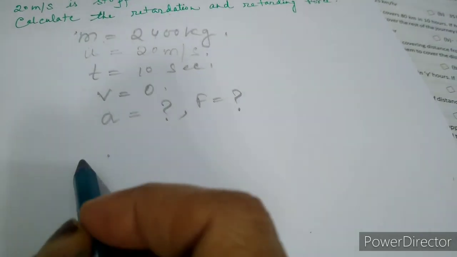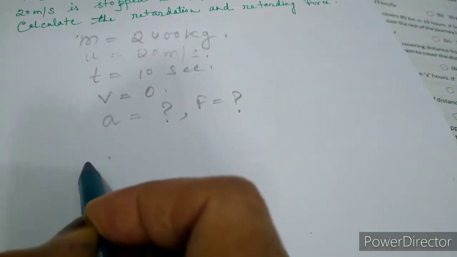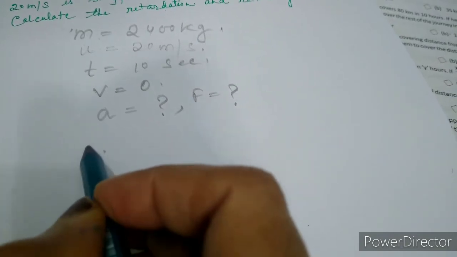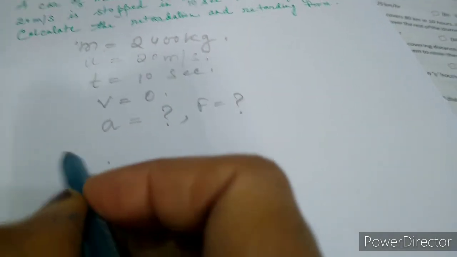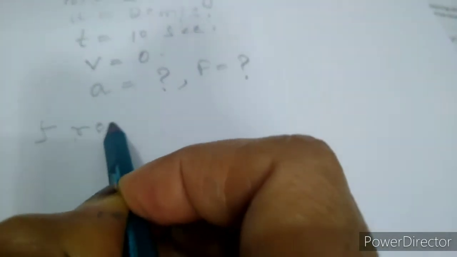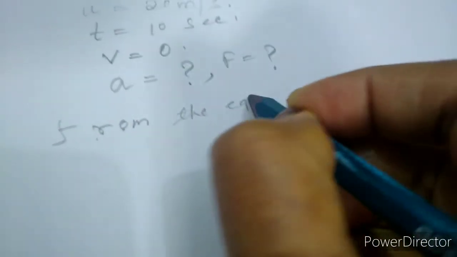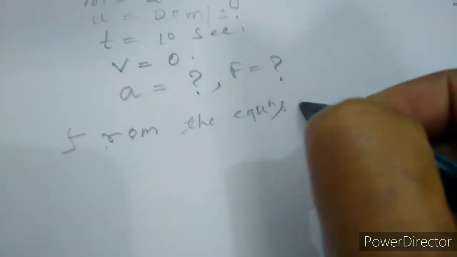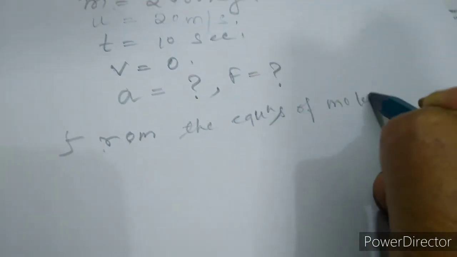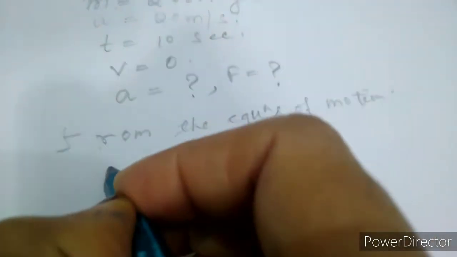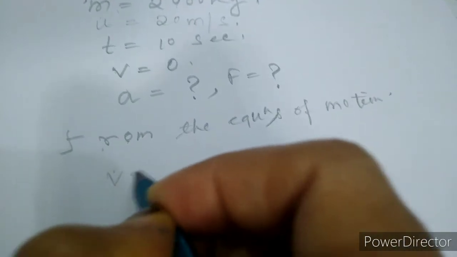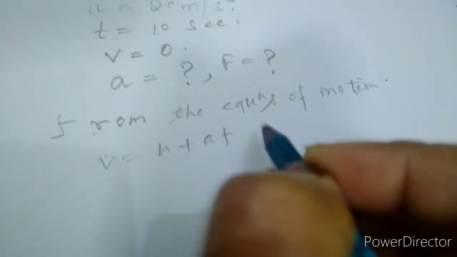See, you will write down from the equations of motion. You know what? That is V is equals to U plus AT. That you know.